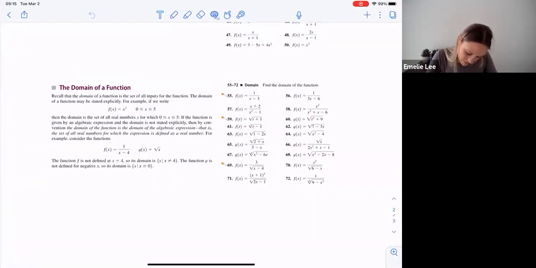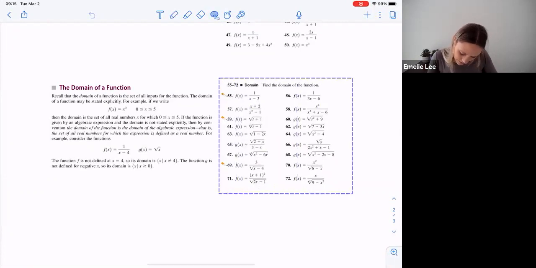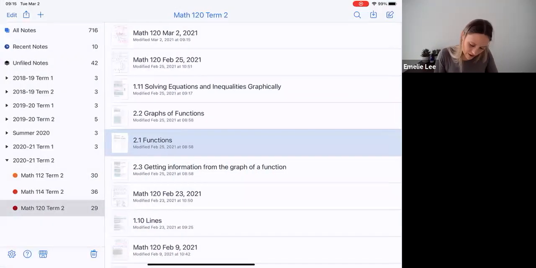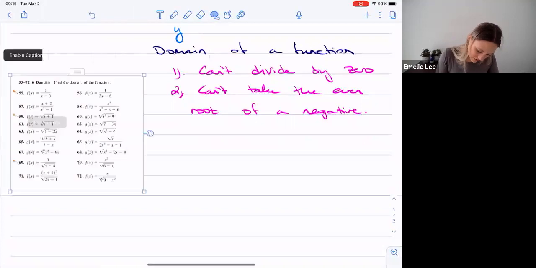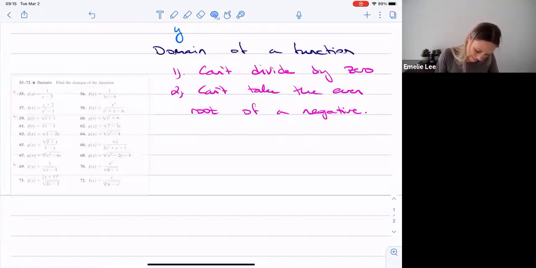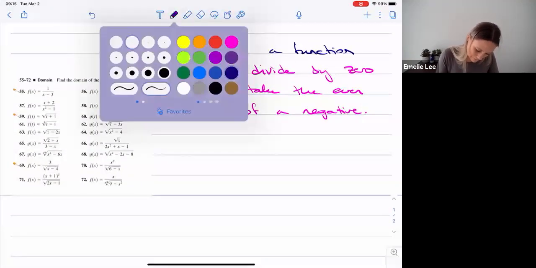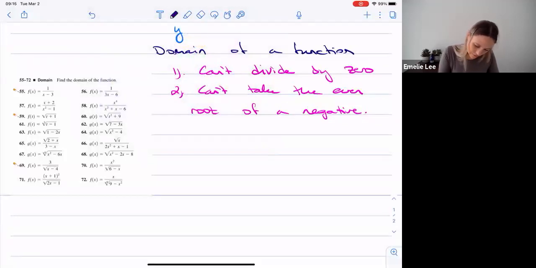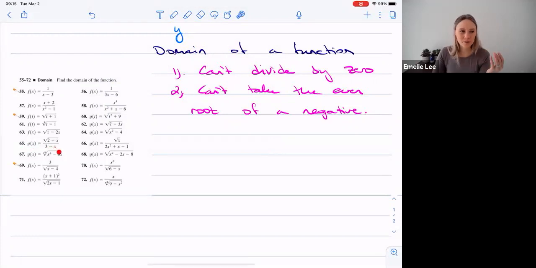So let's do another example of these guys here. I think we did 65 already. We did 65 last day, which had both the square root in the numerator, but also, of course, if there's a numerator, there's a denominator.